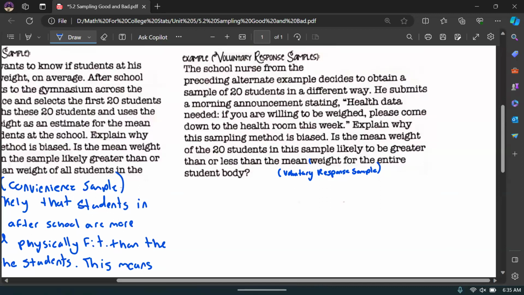All right, because in this one, you're making an announcement, and then 20 students are voluntarily going to show up to be weighed. So why is this biased?